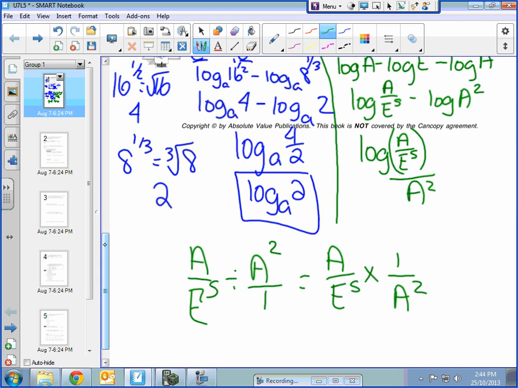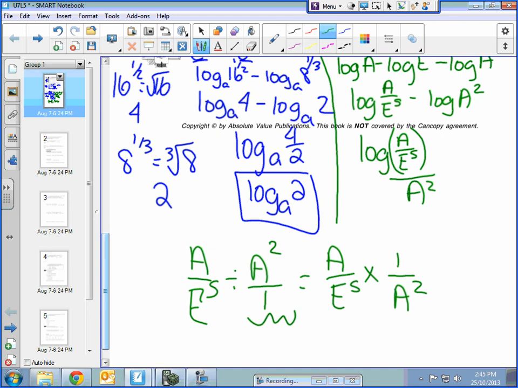No, you would just leave it as a positive for now. We're not changing any of those exponents right now. The only time you would have to worry about that is when you're trying to make the same base with the negative exponents. So if I have a divided by e to the 5, and I'm dividing that whole fraction by a squared, it's the same as multiplying by this reciprocal. Okay?